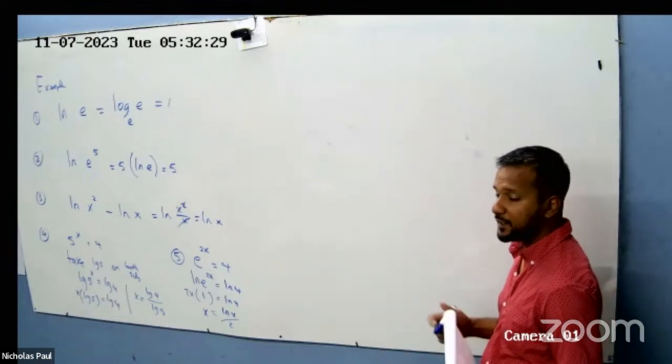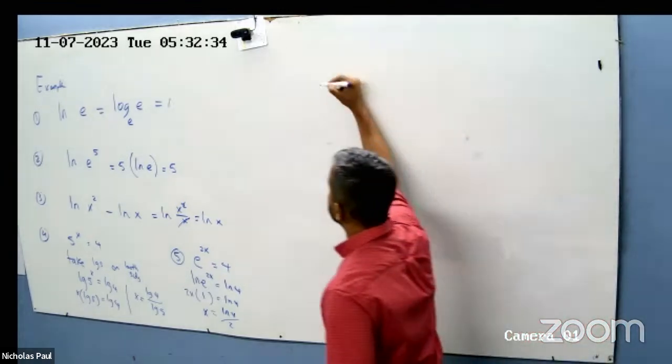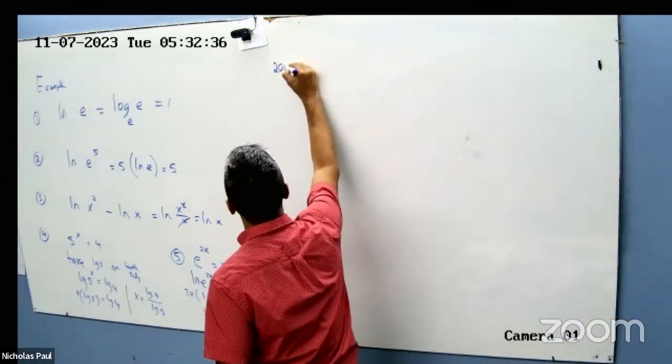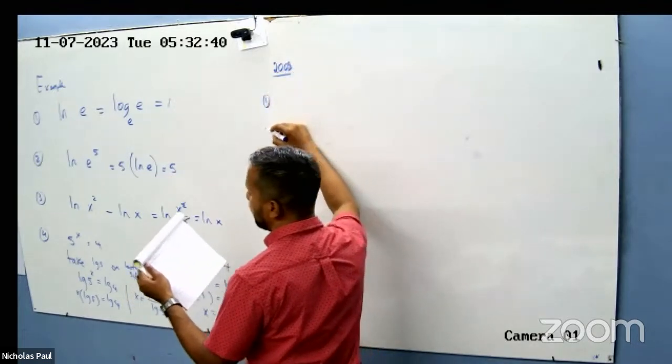All right, so let's start. 2008 first, right? So the first one that we're going to do is 2008. I'll guide you along. In fact, you will tell me how we could solve this, right?